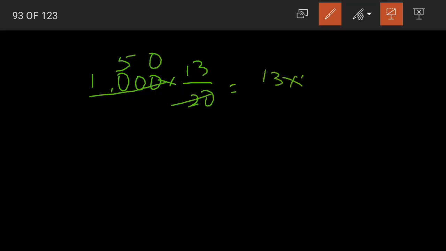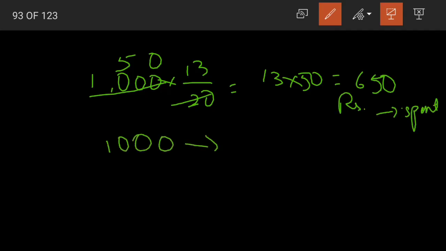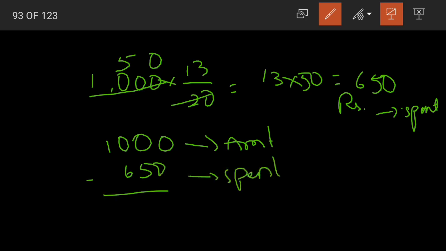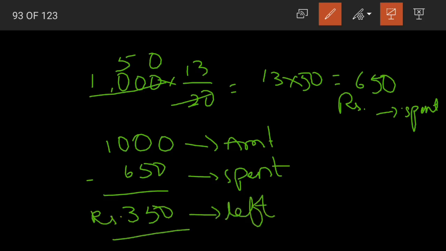So 13 into 50 is equal to 650. Now 650 is the amount spent. 1000 rupees is the total amount minus 650, the amount spent. Now when we subtract, we will be left with 350. Yes, this is the amount Chitra is left with. Understood, children?